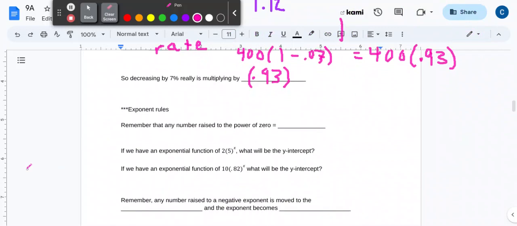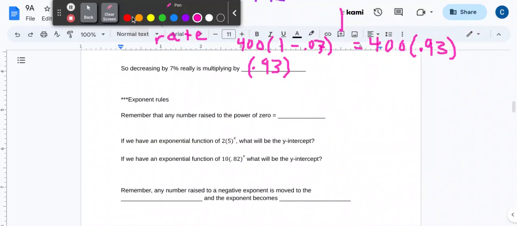All right, just some exponent rules that we should know, but I want to make sure we reiterate. Any number raised to the power of 0 is equal to 1. Looking at this exponential function, let's say we have 2 times 5 to the x power. What will be the y-intercept?